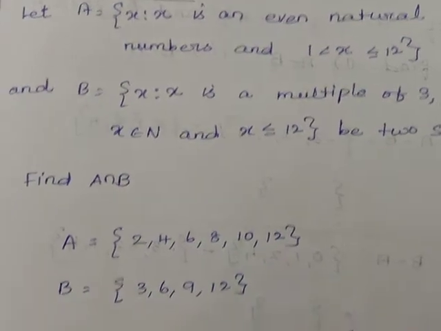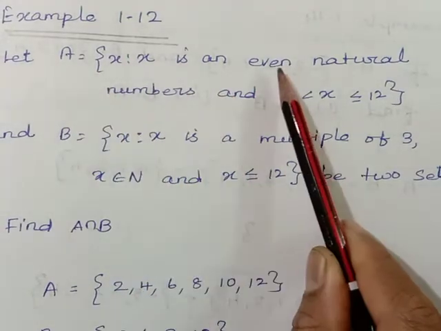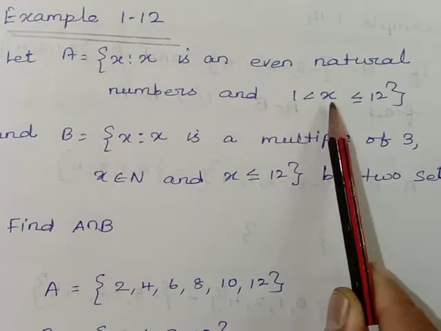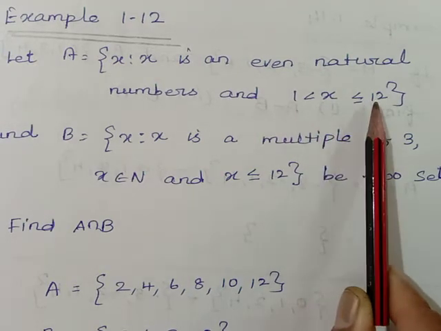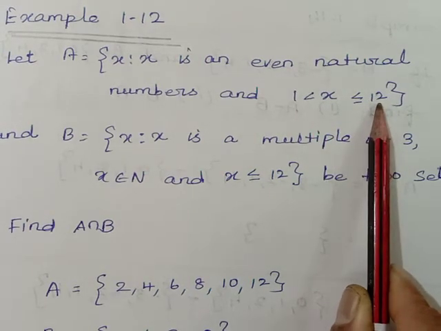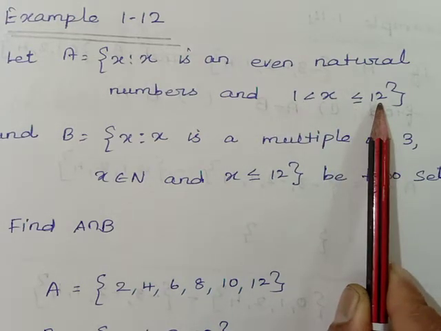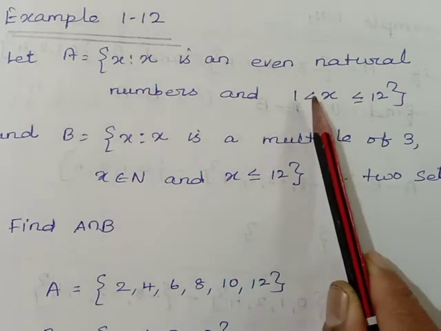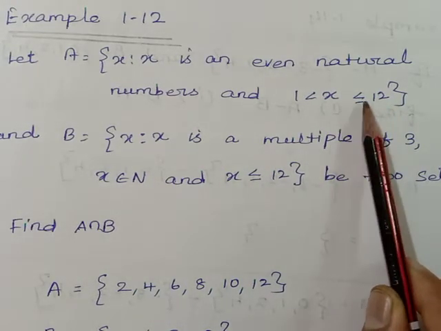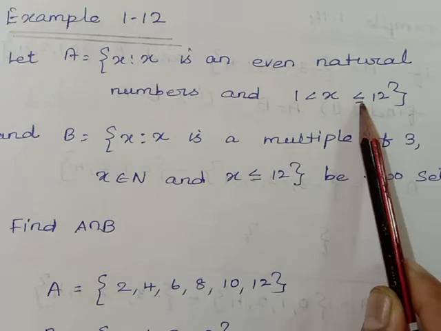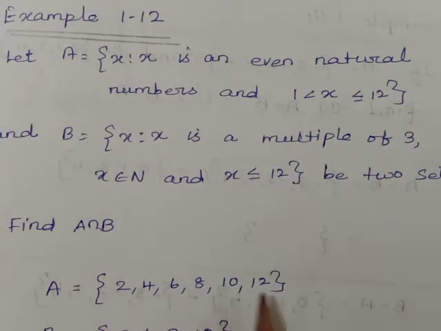Find A intersection B. First we'll find the value of A. It should be even numbers and it should be greater than 1 and less than or equal to 12. So greater than 1 means 2, 4, 6, 8, 10 and 12. Since less than or equal to is given, 12 is included. So the value of A is 2, 4, 6, 8, 10, 12.